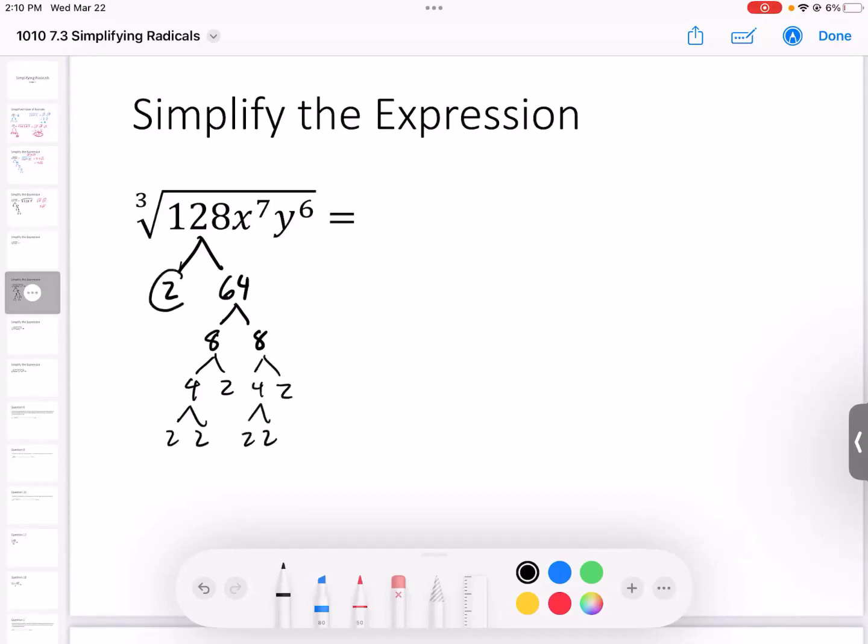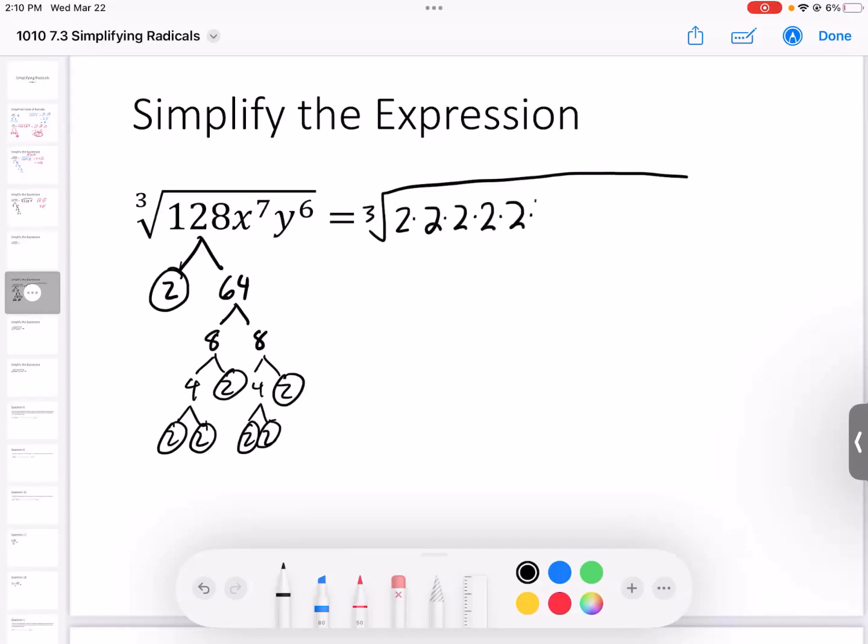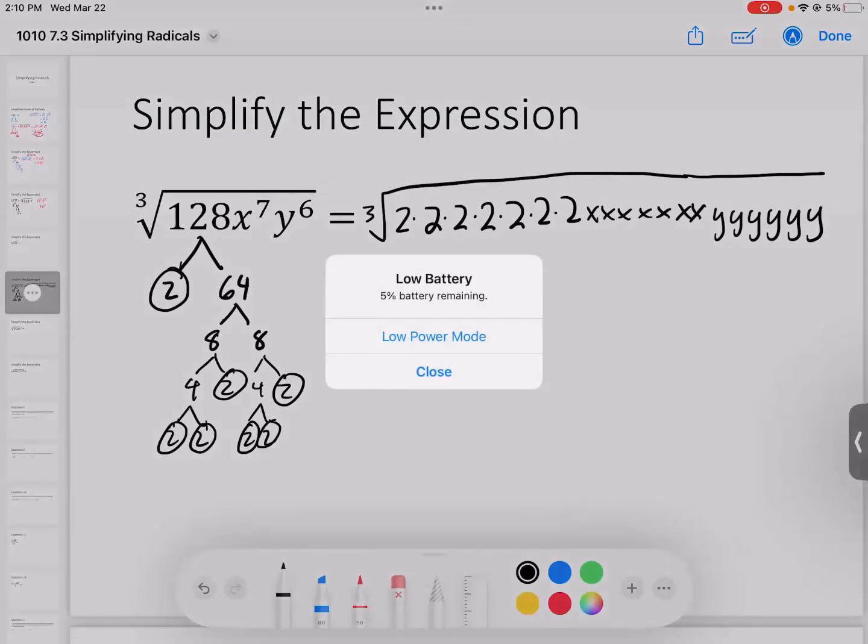So it looks like my prime factors are 1, 2, 3, 4, 5, 6, 7 twos. So I have the cube root of 7 twos multiplied together and 7 x's and 6 y's. So this is the expanded factorization of this expression.